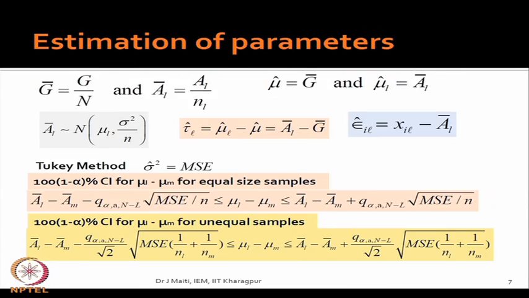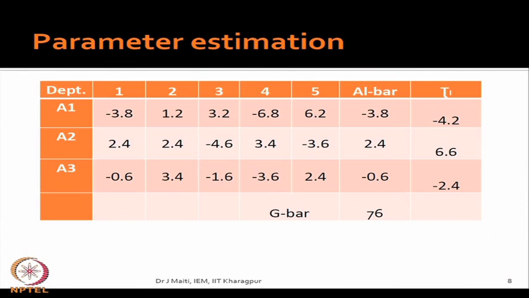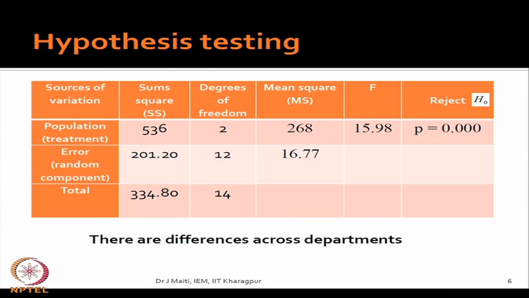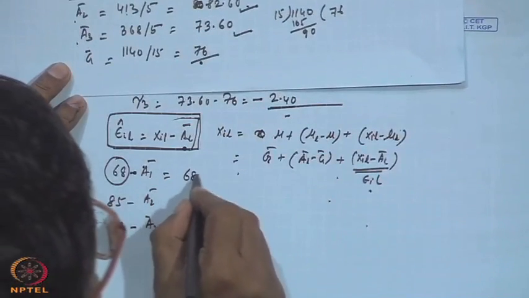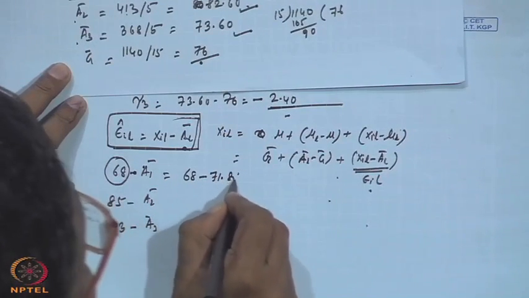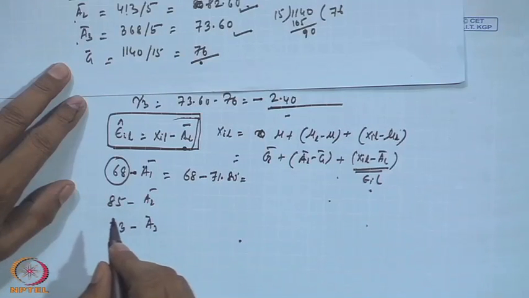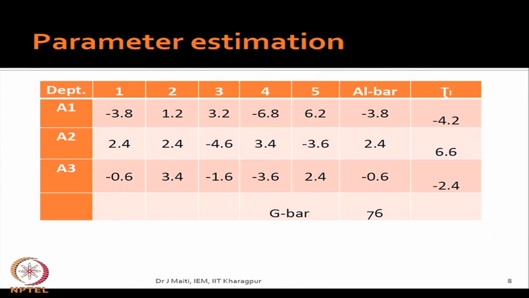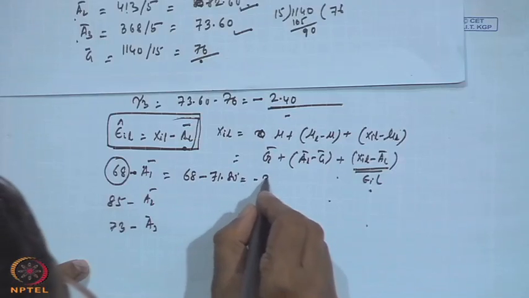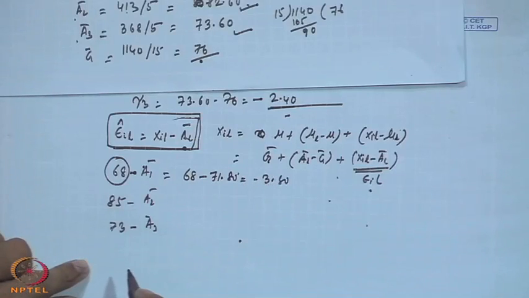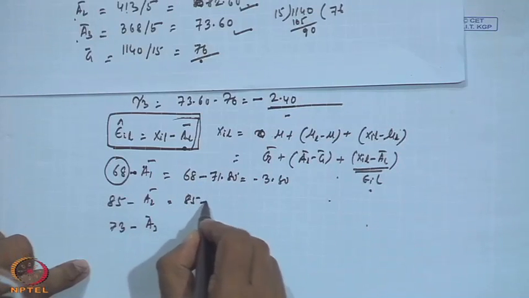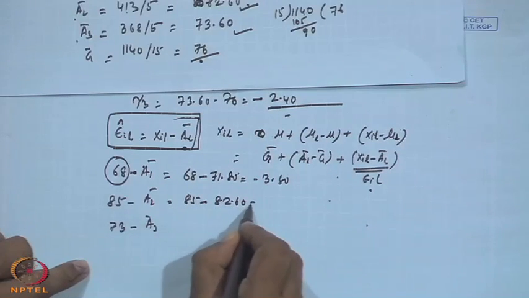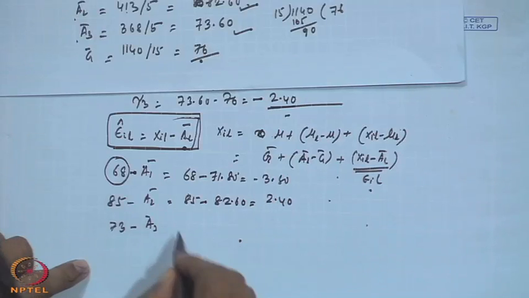Now again go to this, where we have calculated G bar, A_l bar. A1 bar is 71.80. So 68 minus 71.80. What will be this value? Is it not minus 3.80? Then 85 minus 82.60, is it not 2.40?